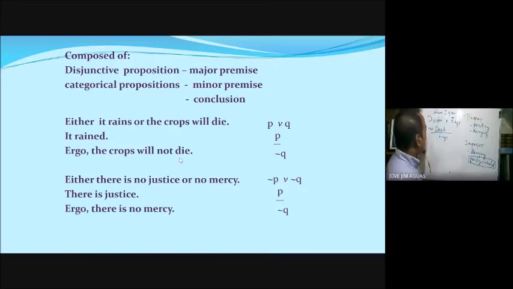Otherwise, if you say I will not be an engineer either, then the whole argument is fallacious, because it is an either-or argument. When you say either or, there must always be one that you have to accept. Otherwise, your argument is wrong.